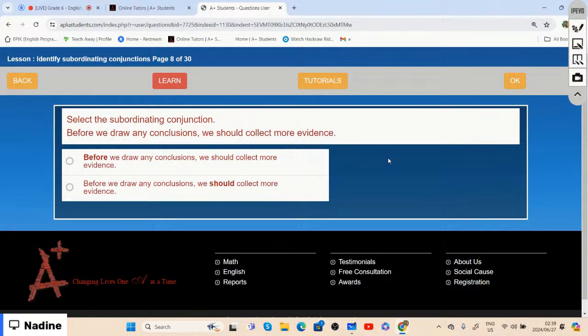So we need to select the subordinating conjunction. Is it before, because it's in bold, or should?